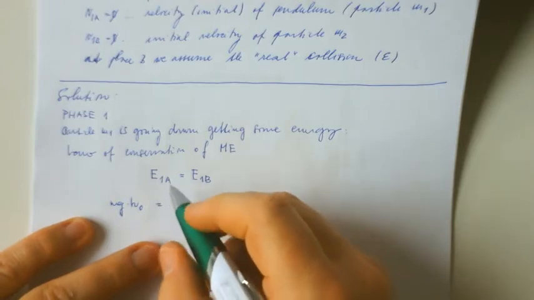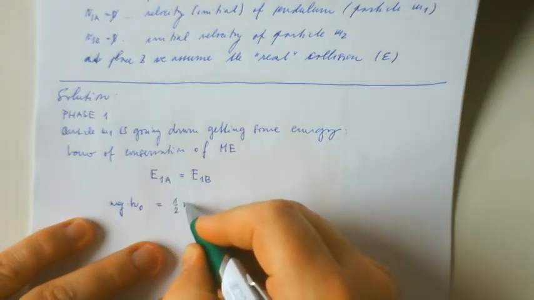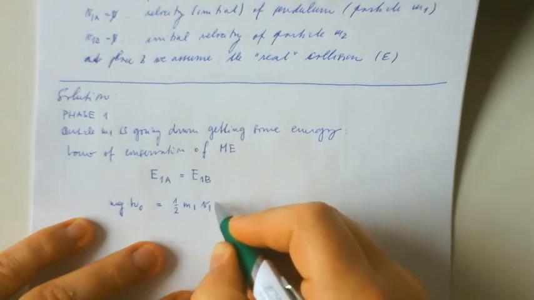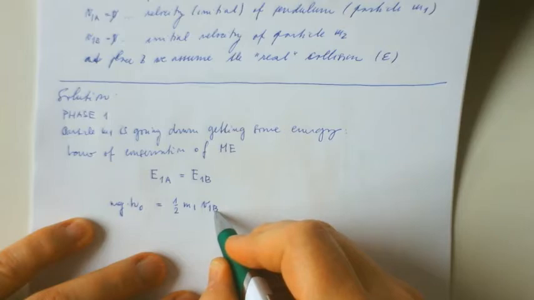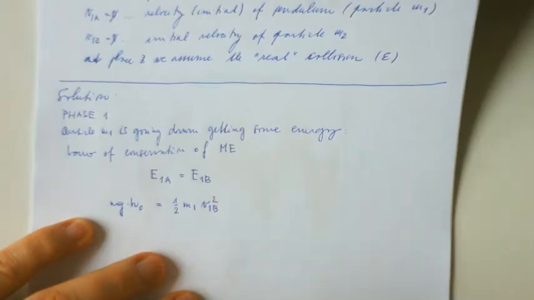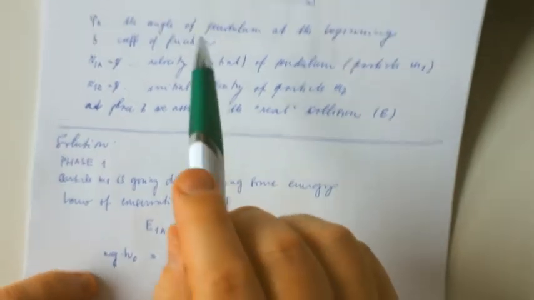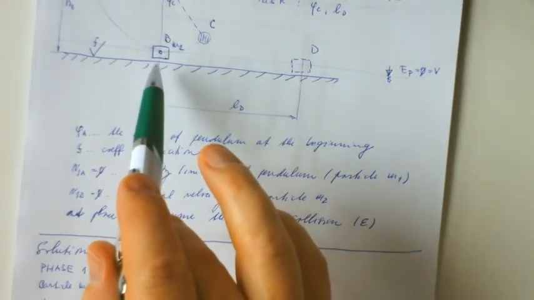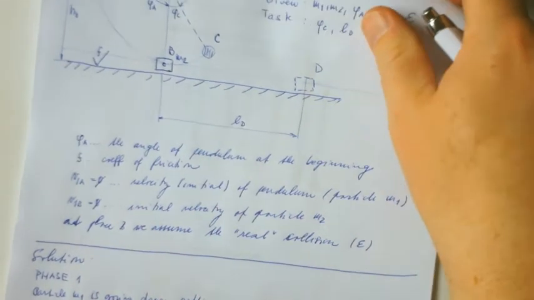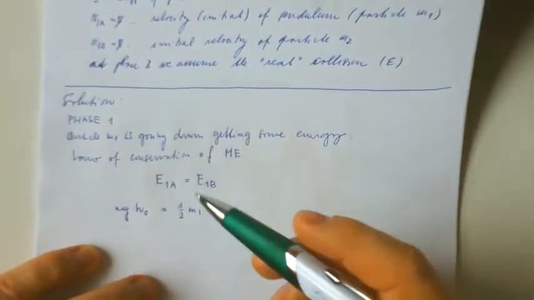So it is one half of m1 v1, the velocity of particle 1 at place B. About the second particle we worry nothing, because it stays at rest, doesn't move.